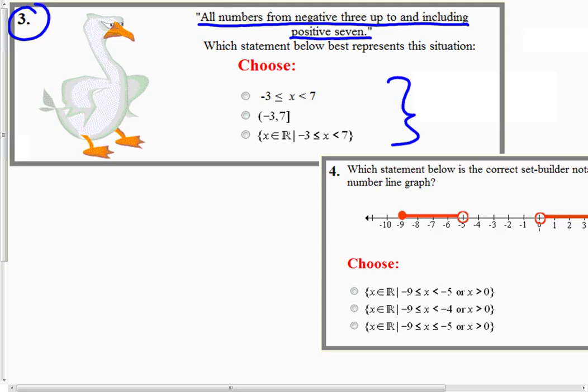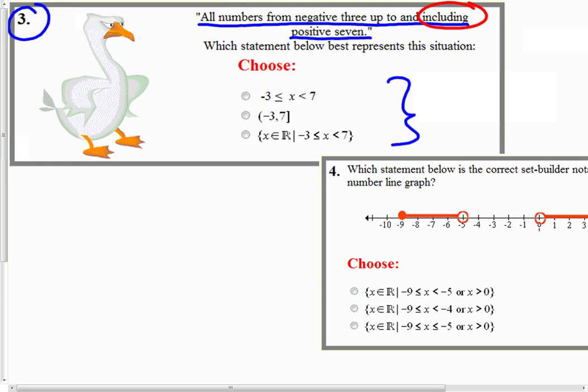What's the key word up top that's probably going to help us? Yeah. Including. Circle that word right there. Find me which of the three includes 7, where 7 is actually part of the answer.